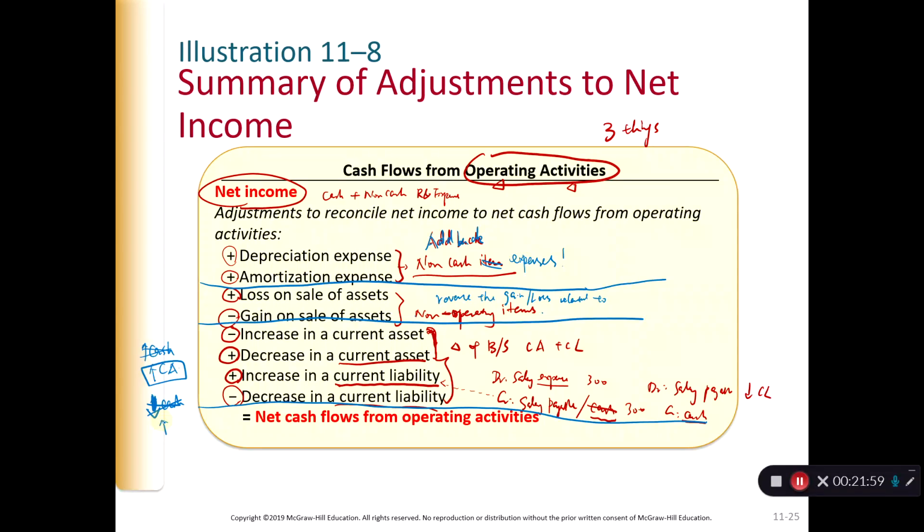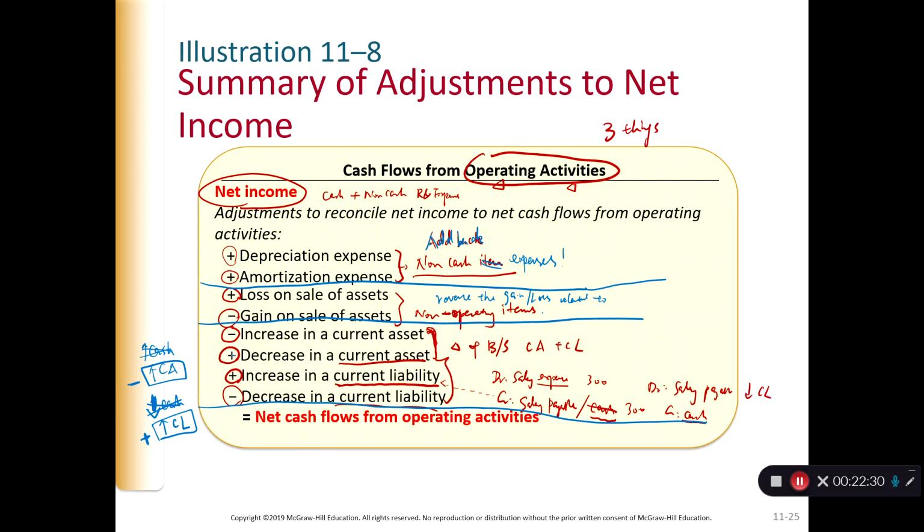It's taken over by the form of an increase in current liability. In that case, you will add cash because cash hasn't been sacrificed yet. When you have an increase in current asset, that means cash paid for something, hence you have to minus it. So just remember: minus the increase of current assets and plus the increase of current liability.